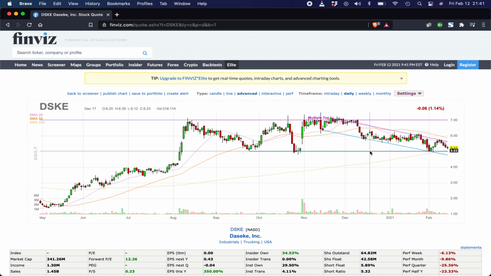But here again, what's interesting with Finviz is it shows that the stock tried to break this resistance level, but it failed to break this resistance on numerous occasions. So meaning this is a very strong resistance level. So you could short the stock if it does not break out of that particular range, which is the $7 range.